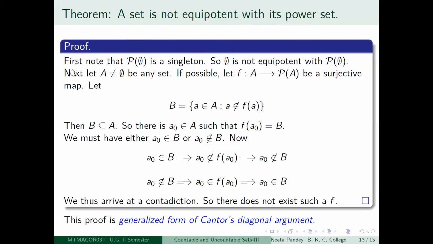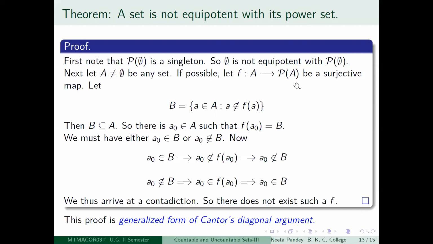Fine. Now suppose A is any non-empty set. Then I want to say that it cannot be equipotent. So there is no possibility of getting a bijective mapping. This is what we want to show. So we assume to the contrary, suppose it is possible to get one. We are not bothering about bijective also, we relax the condition a little bit.